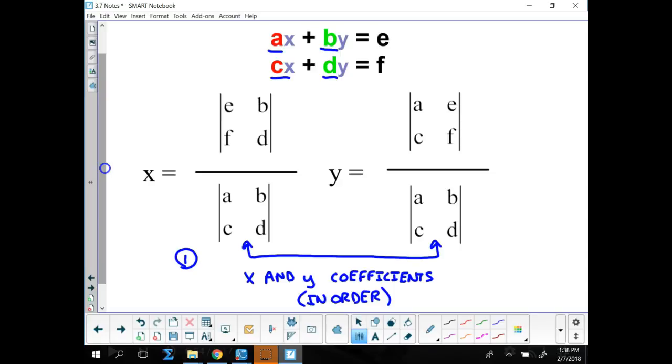Then, I'm looking at x over here. If I want to solve for x, I am going to replace the x coefficients with the numbers. So I took A and C and I replaced them with E and F. Because if I didn't, I'd get 1.